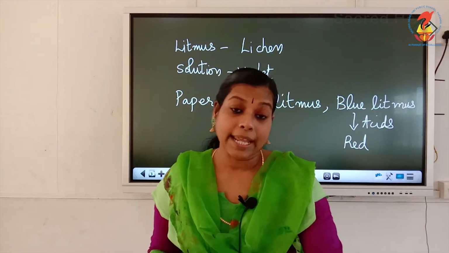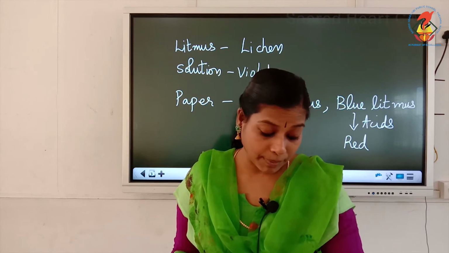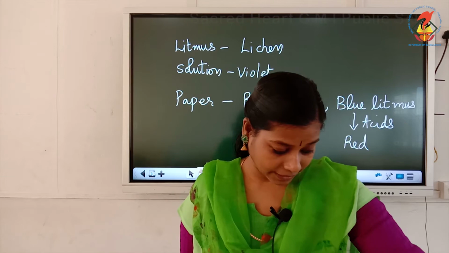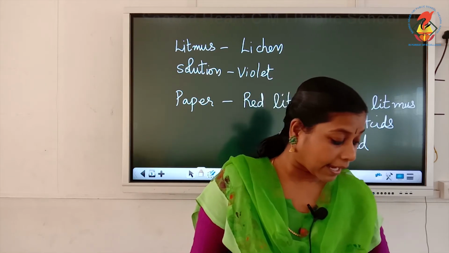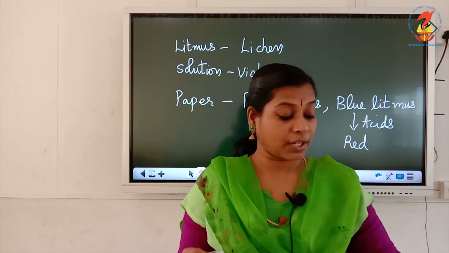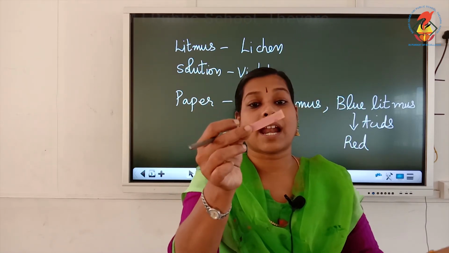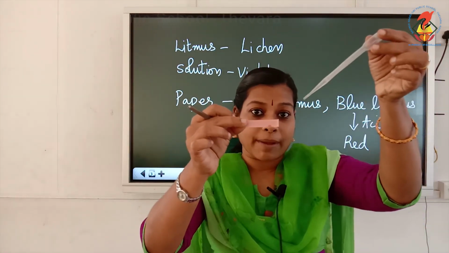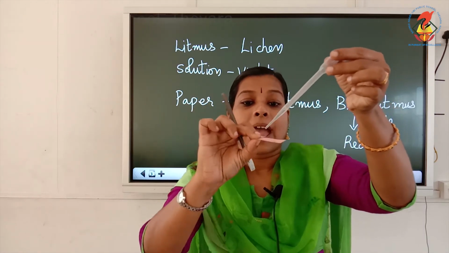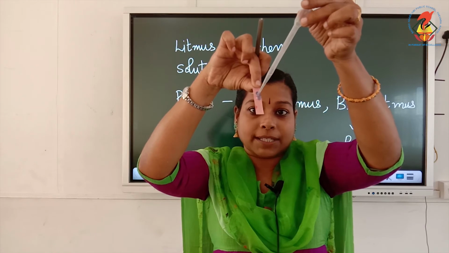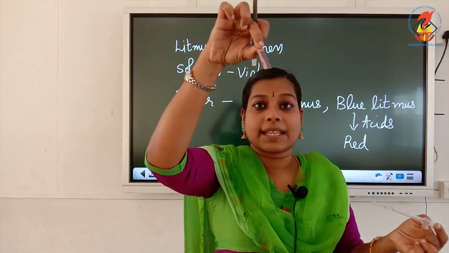Then if it is in contact with a base, what will happen? Yes, if it is in contact with a base, red litmus will change to blue color. That also we can see. This is red in color and this is sodium hydroxide, which is a base. If you keep the base on this red litmus paper, you can see the color change.